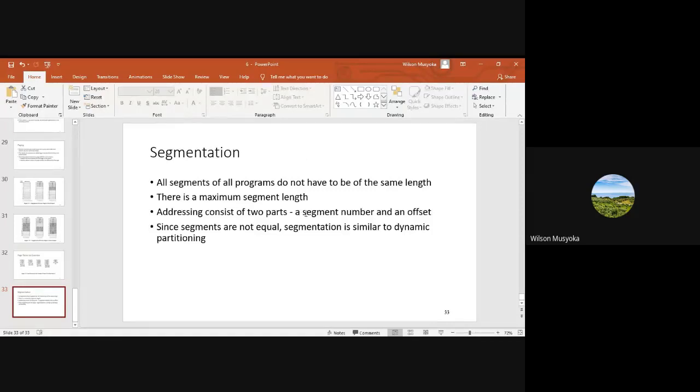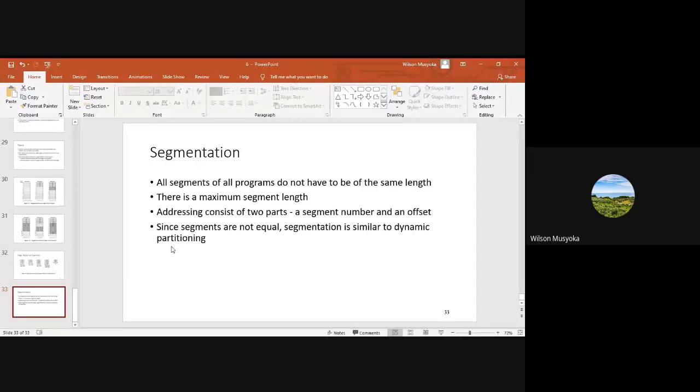That is a segment number and an offset. Now, each offset is the one which shows the end of that particular segment before you move to the next one. And so segmentation is similar to dynamic partitioning.